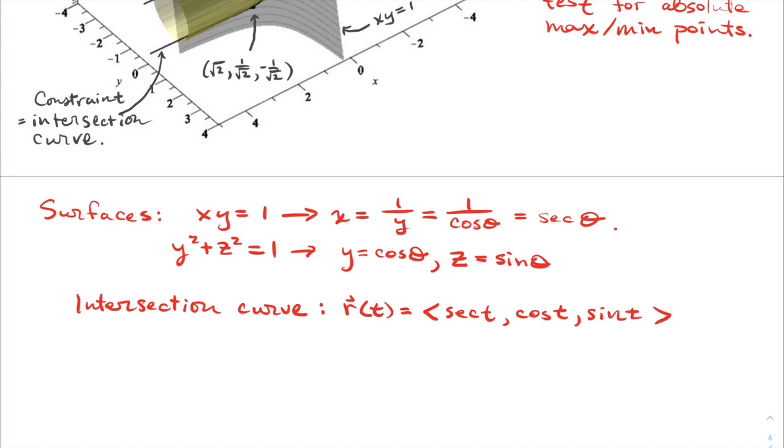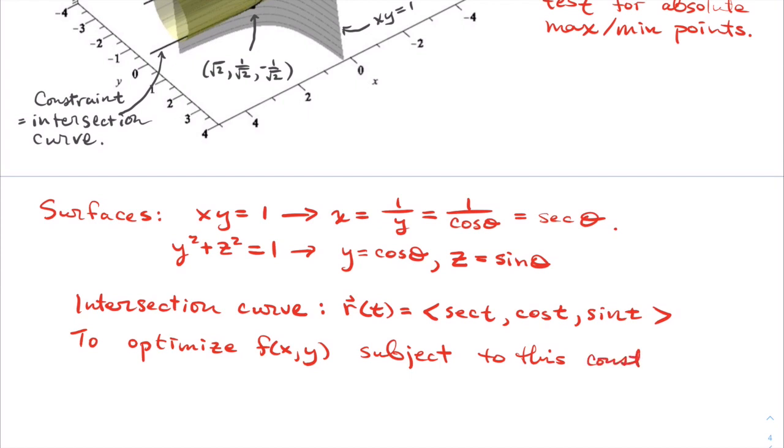And if we want to optimize f subject to this constraint, then you just have to substitute this in and make it a function of t. So to optimize f subject to this constraint, you kind of have to do what I did in the development. We just substitute here.